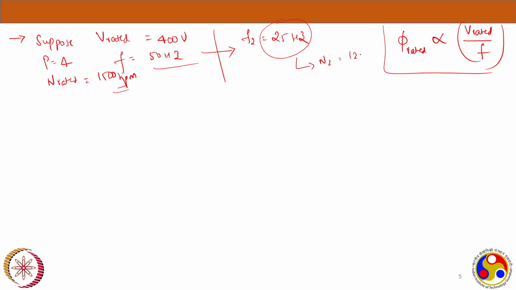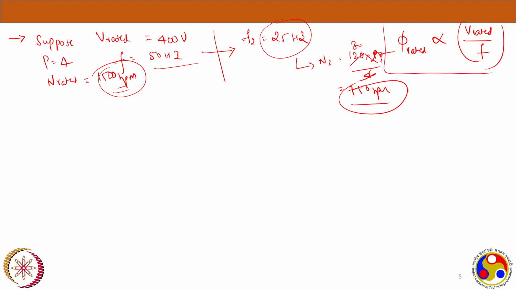N2 is equal to 120 into 25 by P. This is 750 RPM. So it is 750 here, it is 1500 here.